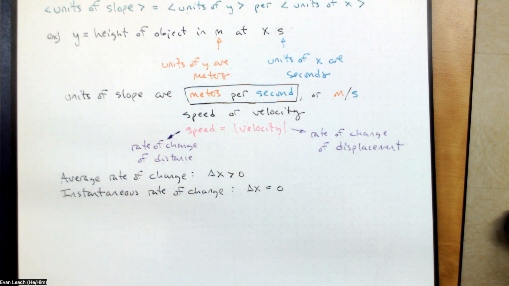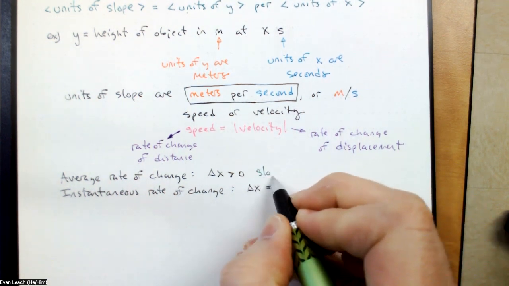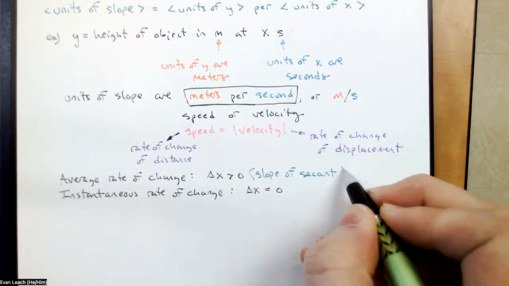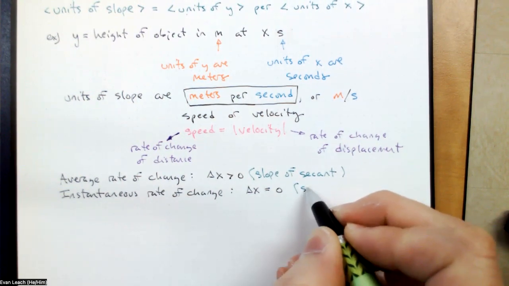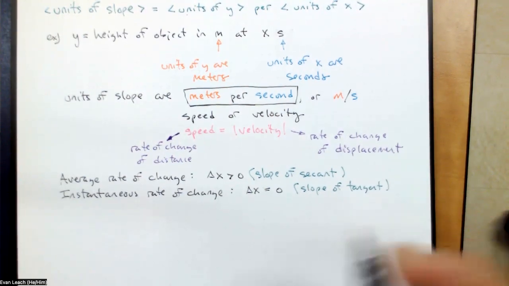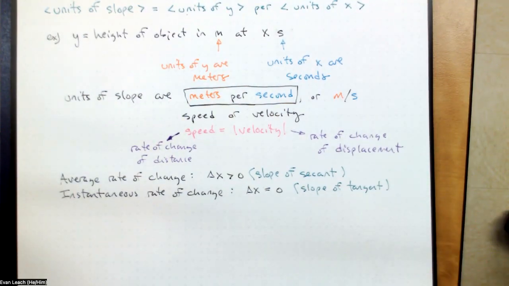We want to make a distinction between the average rate of change and the instantaneous rate of change. The average rate of change we represent with the slope of the secant. The instantaneous rate of change we're going to represent with the slope of the tangent. The slope of the tangent, of course, is the derivative.